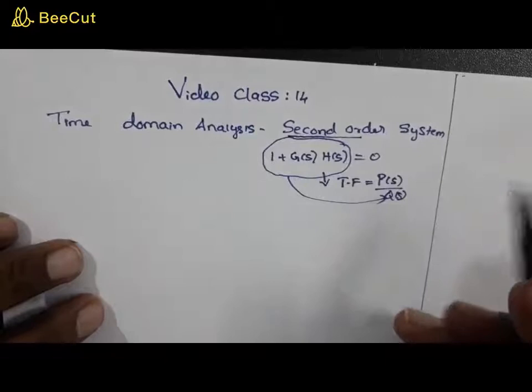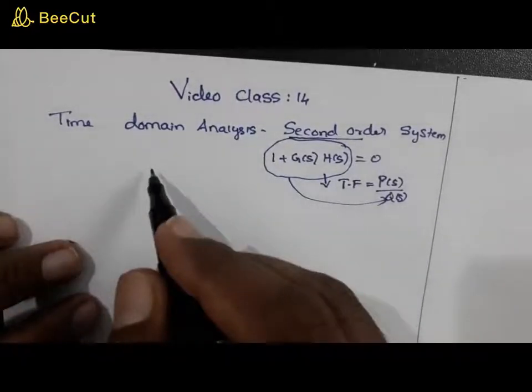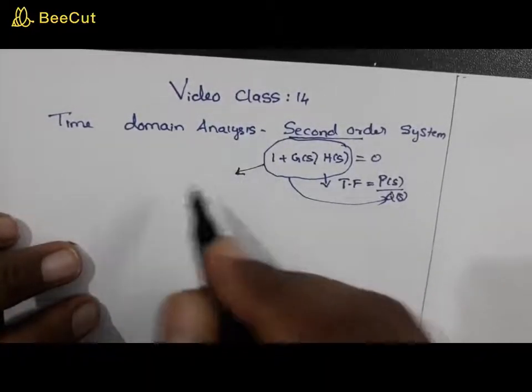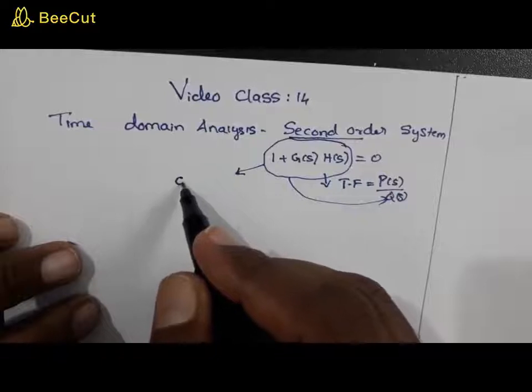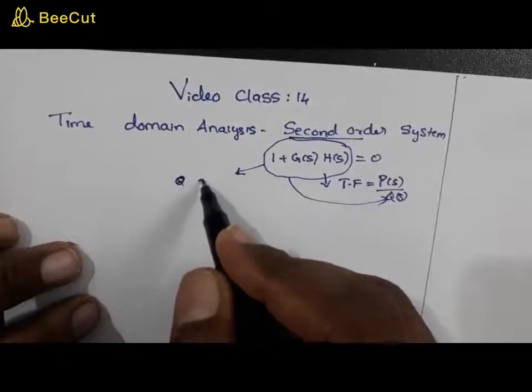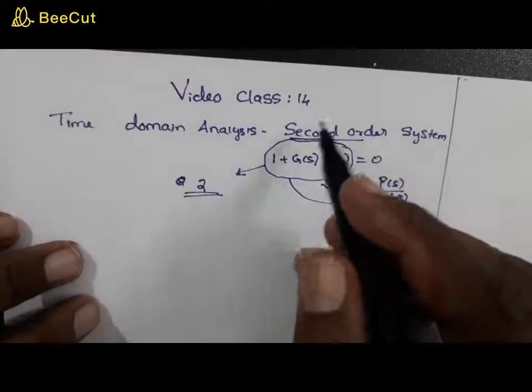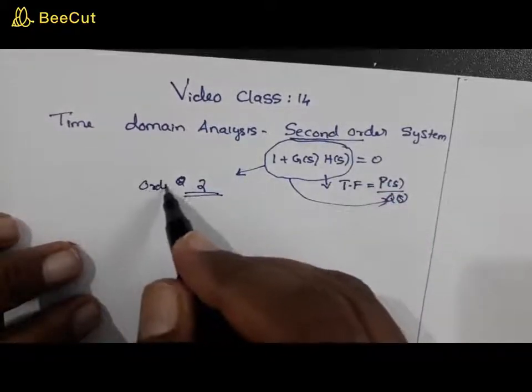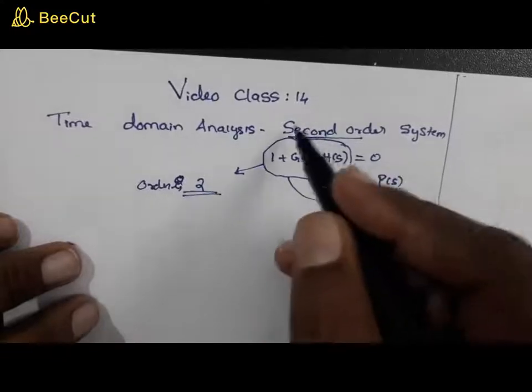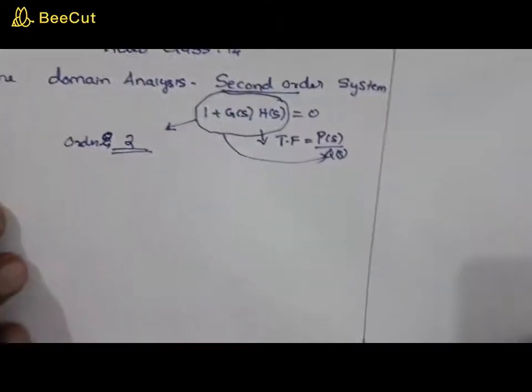Obviously, for a second order system, the order of this characteristic polynomial will be 2, and such a system we call the second order system.